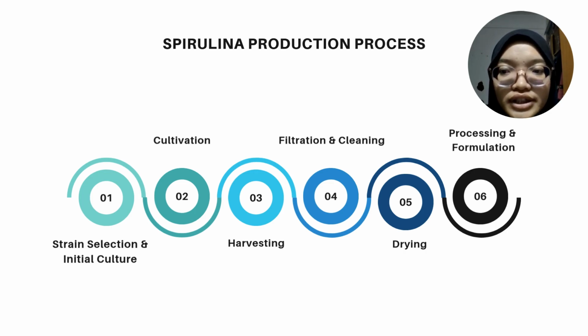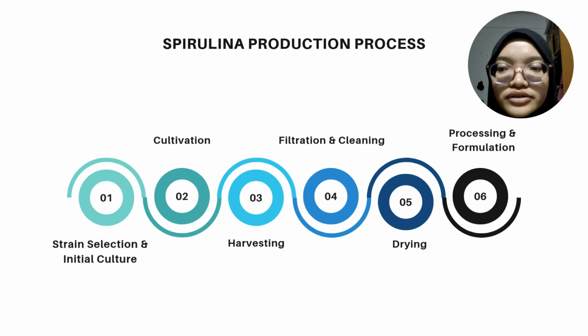Third, harvesting. Once the spirulina reaches optimal density, it is harvested at the right growth pace to maximize nutrient content and minimize contamination. Four, filtration and cleaning of spirulina. The harvested spirulina biomass undergoes filtration and washing to remove impurities, unwanted microorganisms, and debris.